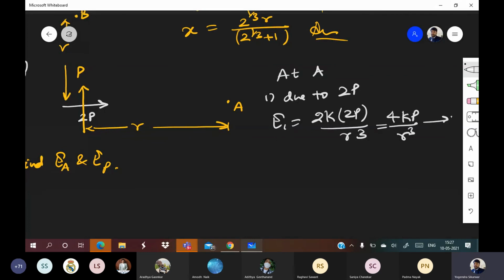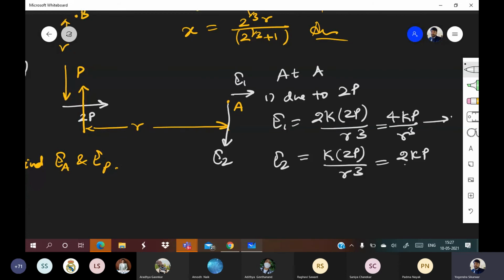For the second dipole, this is an equatorial point. So this is E1 and E2 will be in this direction, downward. E2 will be K into p upon R cube, that is Kp upon R cube.